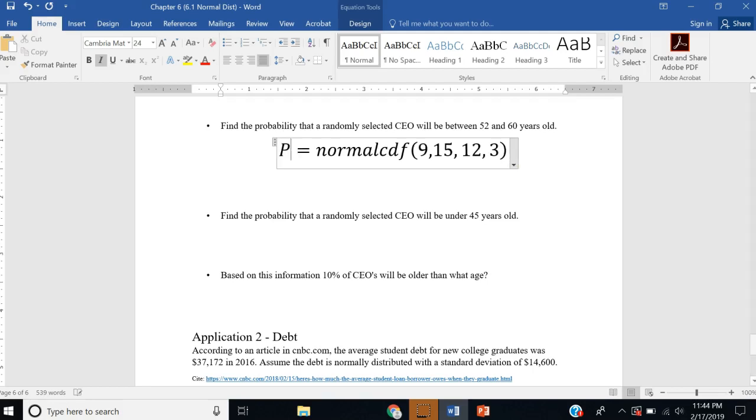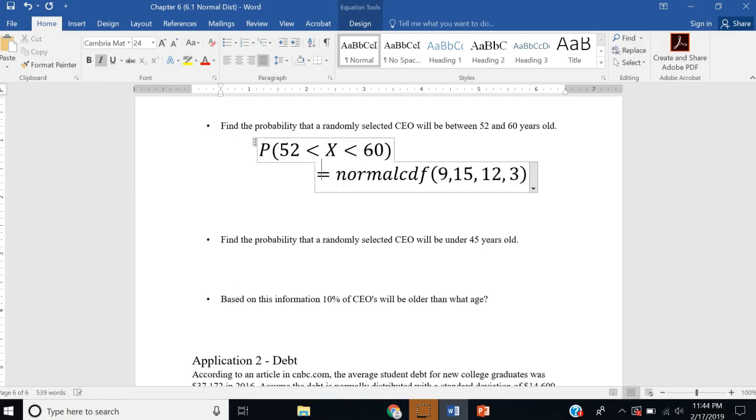So here's how we could shorthand this. What's the probability that a randomly selected CEO, that's the X, has an age between 52 and 60?